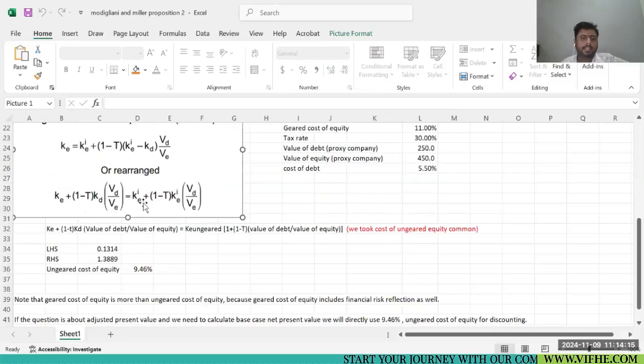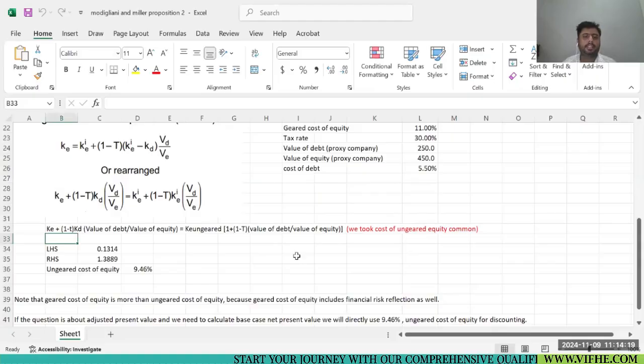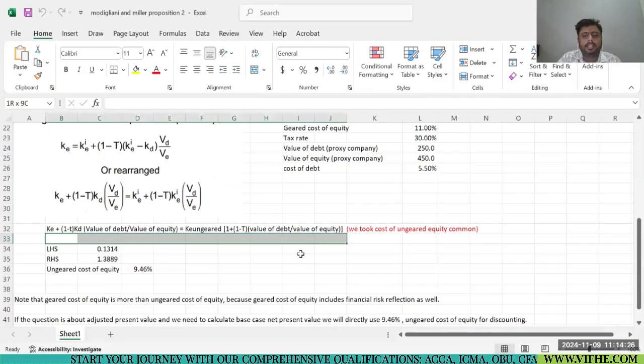So if I take the second rearranged format, we can take ungeared cost of equity common. KE as it is, plus (1 minus tax rate) as it is, KD as it is, VD as it is, VE as it is, equals sign as it is.